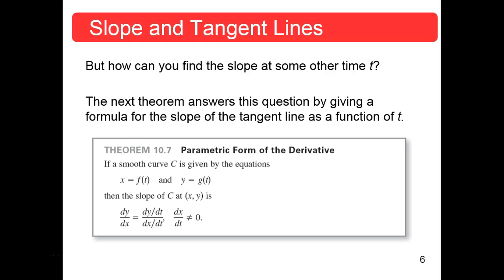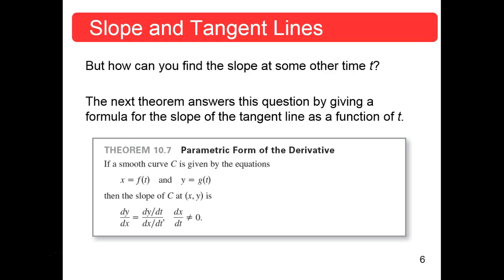There are any two independent functions of your x and your y, functions of time. Then the slope of C at x and y, at some common t, is this.